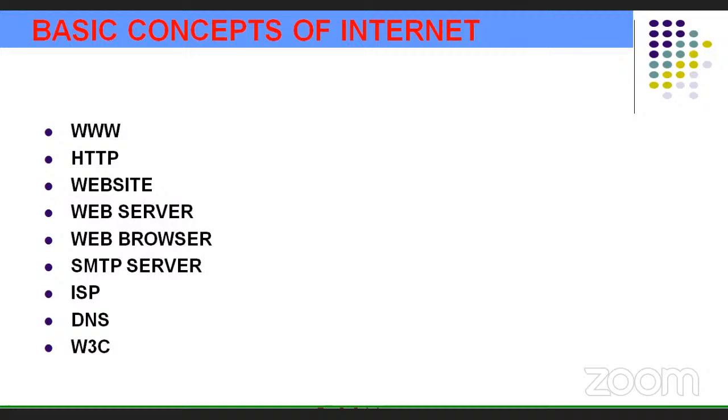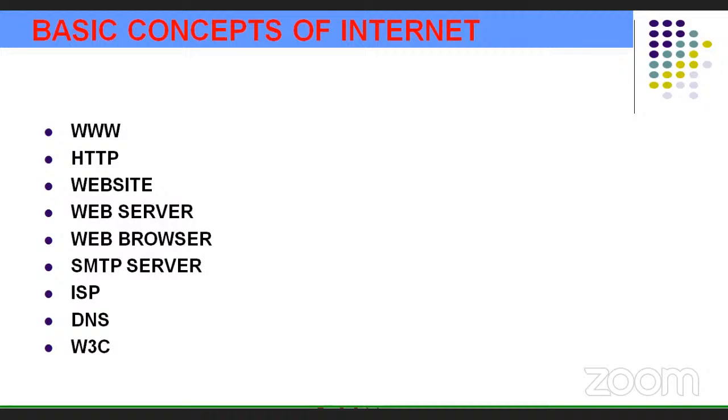Generally, everybody is using email addresses, sending messages, transferring files, sending information through emails, right? We are all aware of this email system. So behind that email, we have the SMTP server. This server will take care of sending the messages, means transferring the emails from one computer to another computer. So this is what SMTP server is.